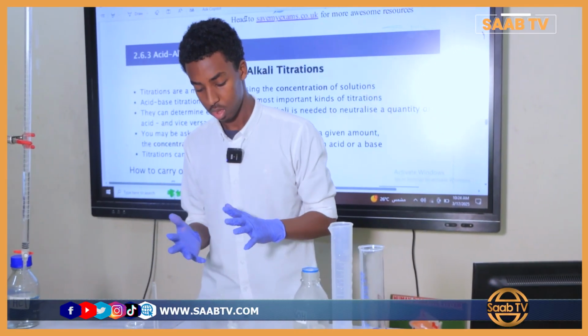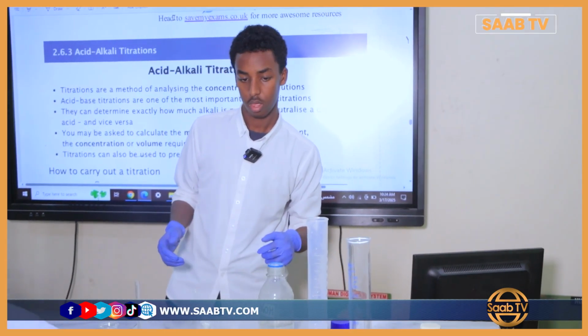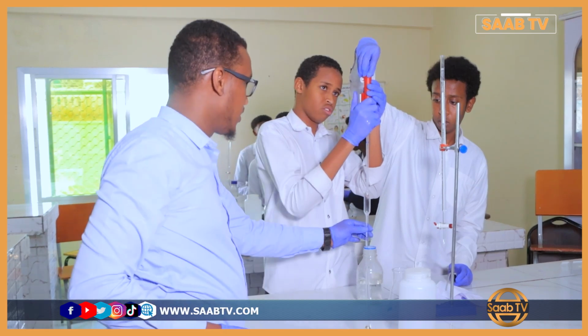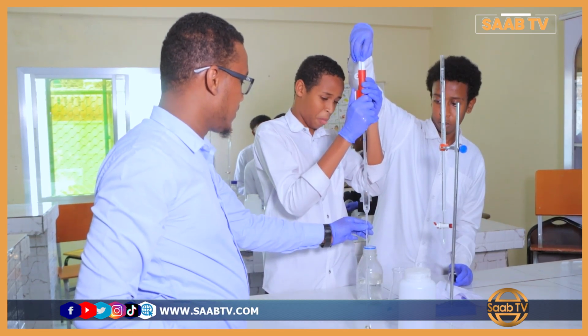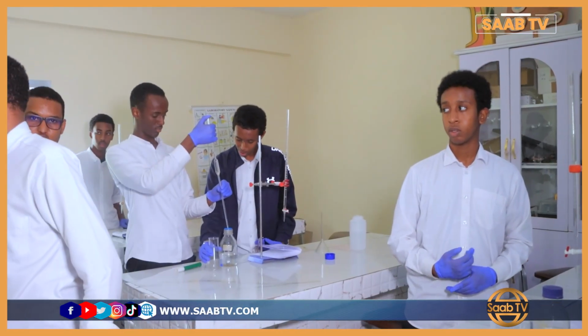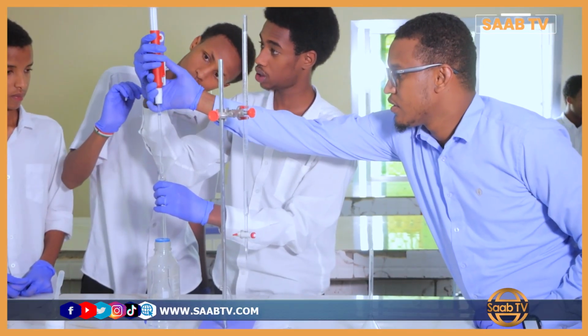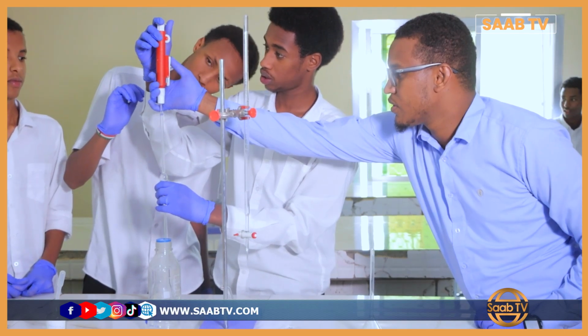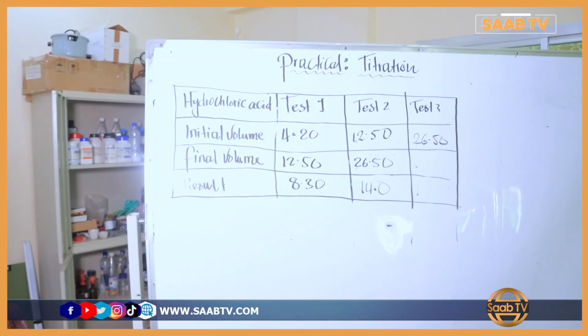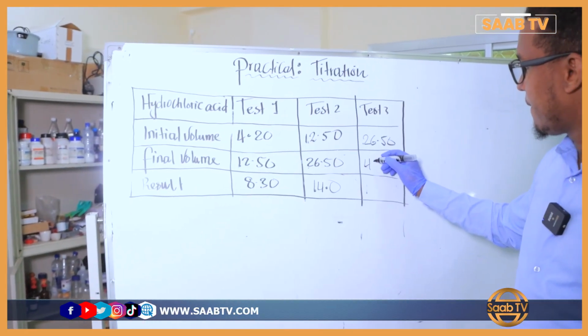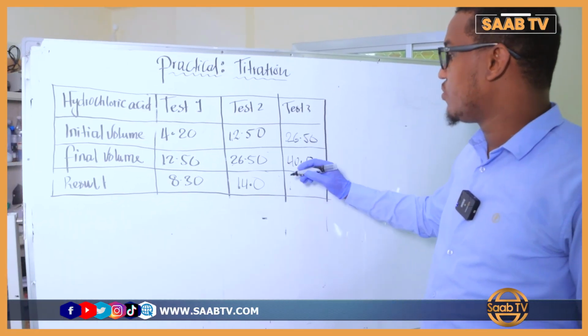Okay, so the initial volume that was put in the burette was 26.50. The final volume was 40.00.